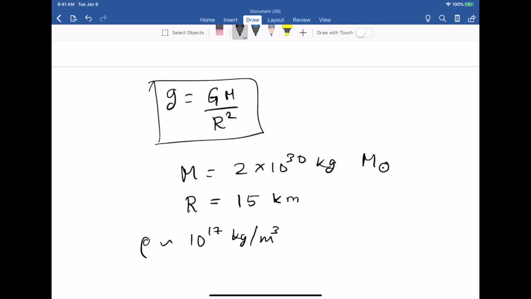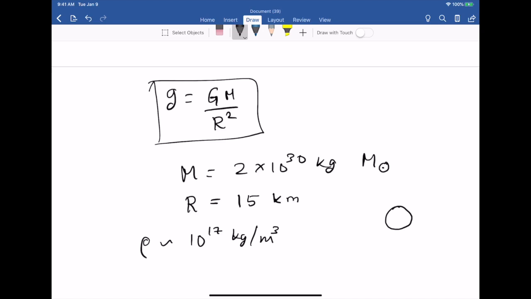You can easily calculate that it's going to weigh about 20 trillion kgs, which is about 40 times the estimated weight of the entire human population. Just a small teaspoon of neutron star material would weigh something like Mount Everest. So neutron stars are extremely dense, right?